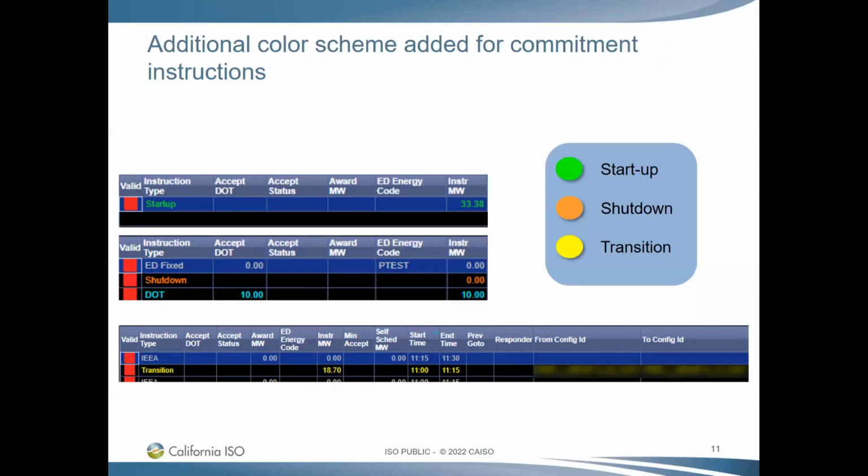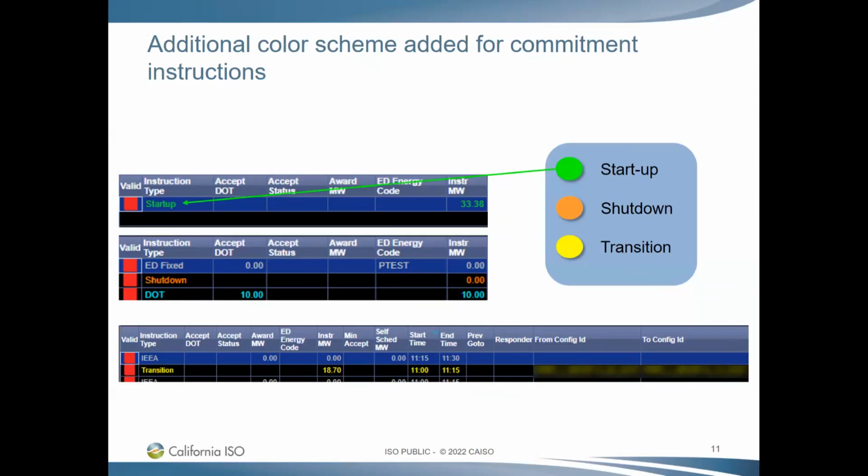So the newest colors that are associated to the different instruction types are as follows. Anytime a resource in real time is getting a startup instruction, that instruction type will show up in green. And every data item that's available in that row will show up in that same color.